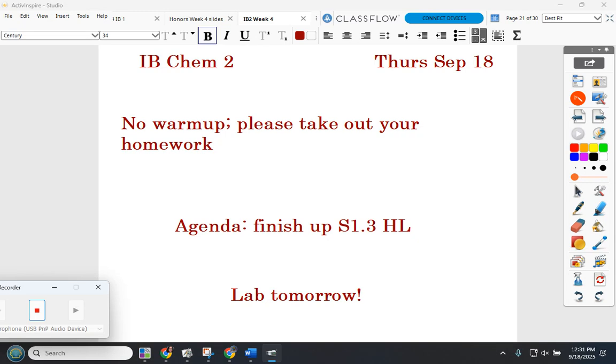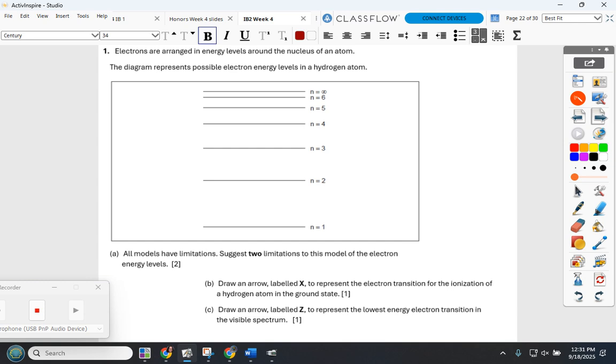So we're going to start by going over the homework from yesterday, and this is one of those questions that says suggest. That's always both nerve-wracking but also kind of freeing when that's your command term, because they're going to have a list of possible answers that would be acceptable, and you just need to be somewhere on that list.